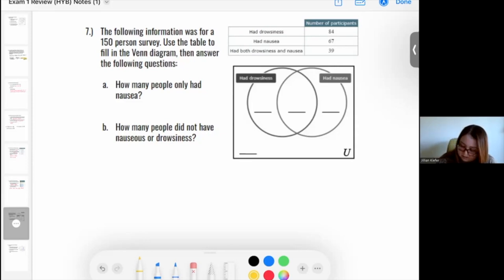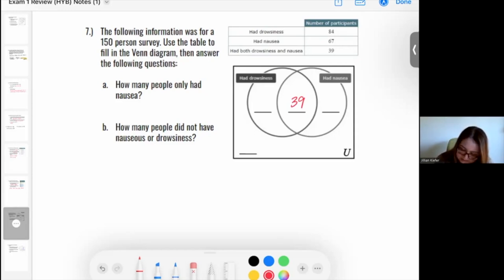So starting in the middle, we have 39. 39 people had both. So our middle chunk in our Venn diagram will be how many had both, which was 39. Now to fill in the sides, we're saying 67 people had nausea, 84 had drowsiness. To figure out how many people only had drowsiness or only had nausea, we're going to subtract the number of people who had both from each category.